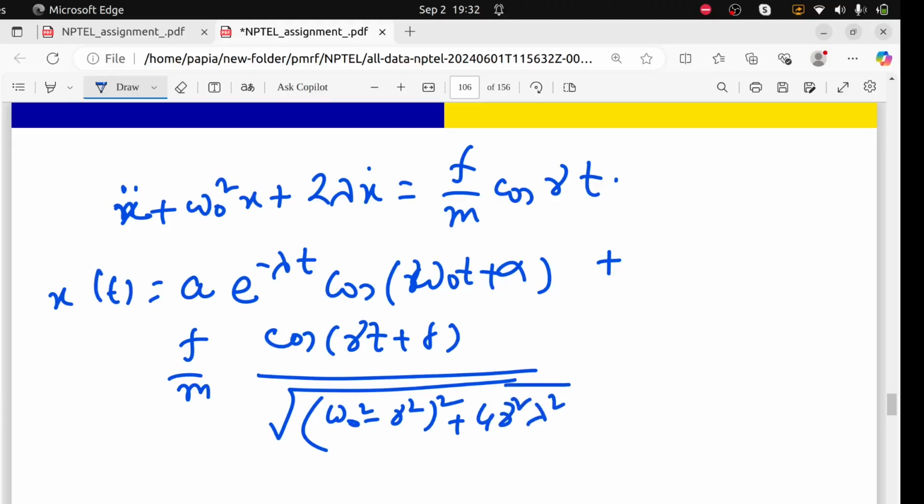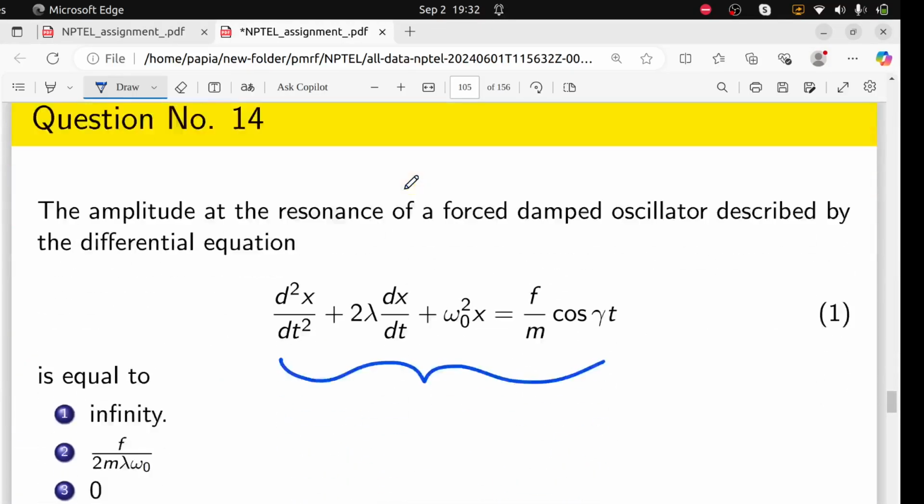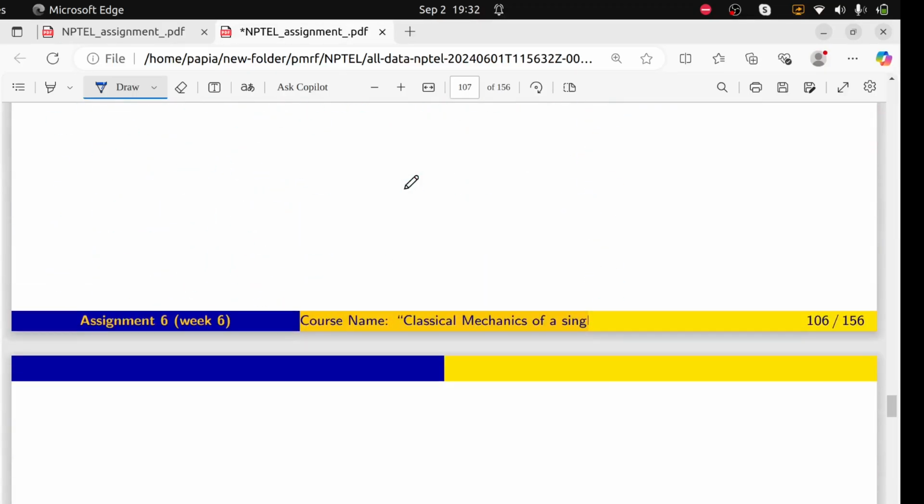So that will be a maximum value, right? So for the whole to be maximum, this should be a minimum value. So the amplitude will be, we have verified right now, this one, but still I just want to write it here.